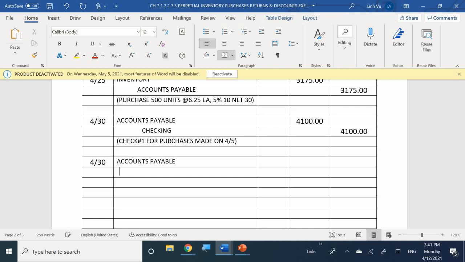Okay. And once again, I'm writing a check, so that means it's going to come right out from my checking account. So once again, I had 4,387.50 originally. I returned 50 items to get me back to 87.50. So therefore, I owe 4,100.